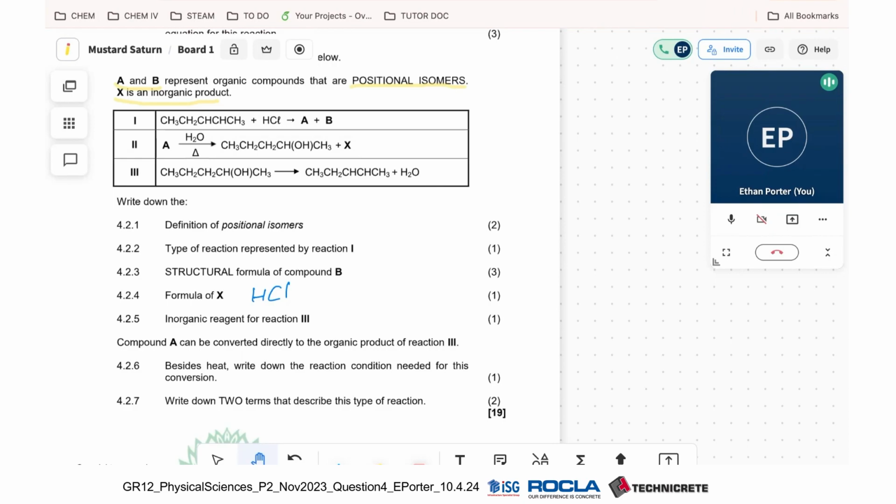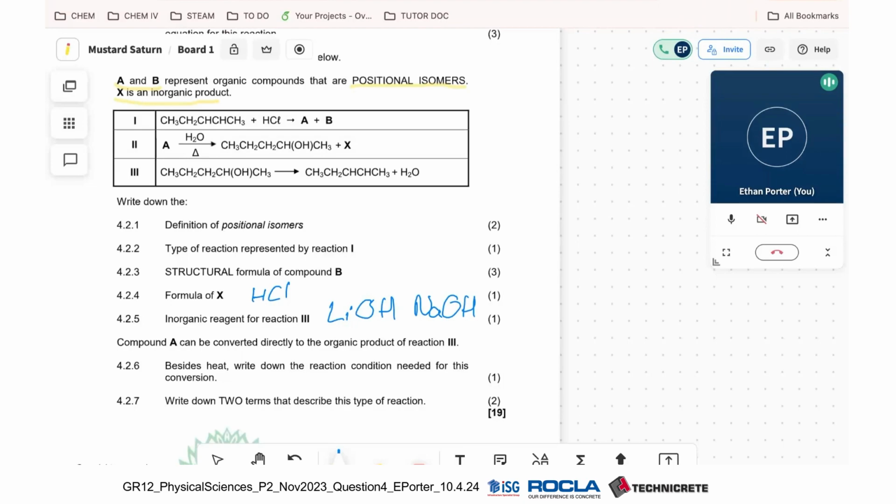Unfortunately, you just gotta know this. It's strong base. So you could say concentrated strong base or strong base. It has to be strong though, it can't be dilute. So whether you say strong or concentrated, any base works. There's a whole host of options: lithium hydroxide, sodium hydroxide, any of them. But unfortunately, you just have to know that an alcohol plus strong base is going to give you an alkene and water. This is a condensation reaction.